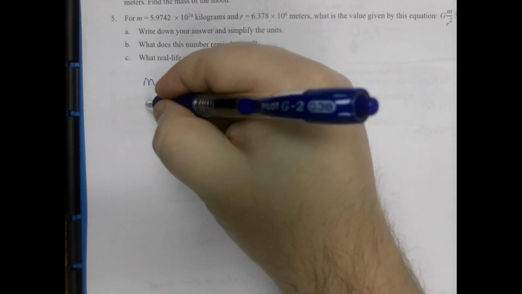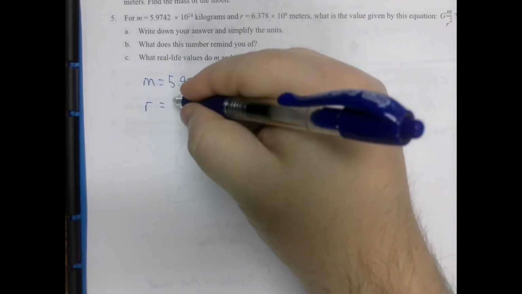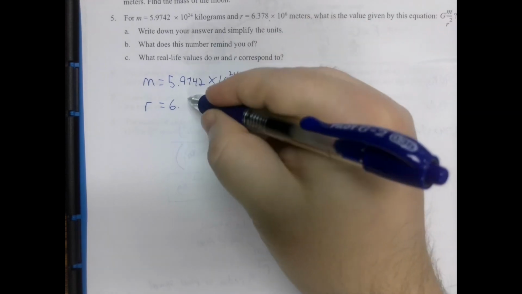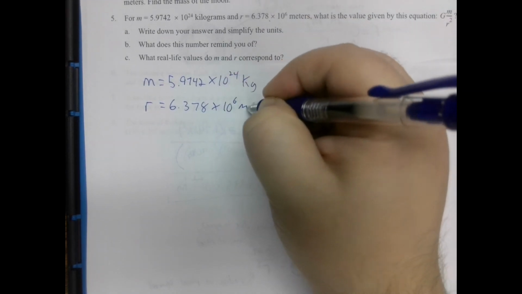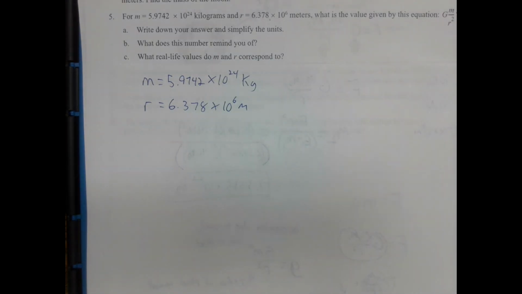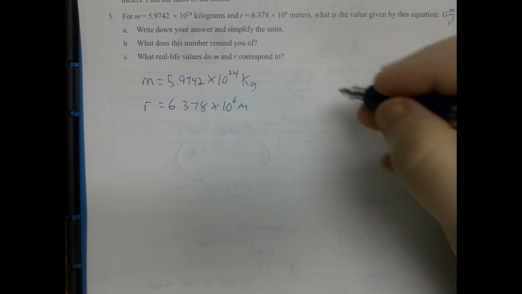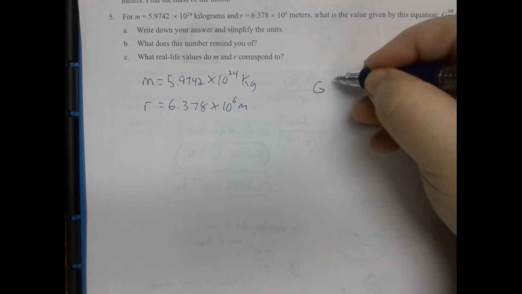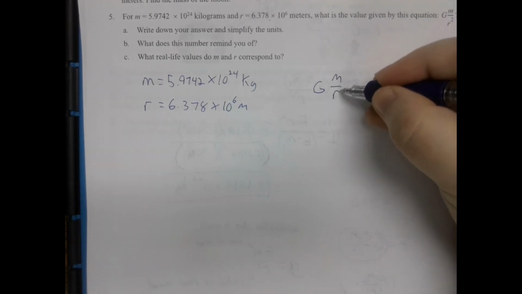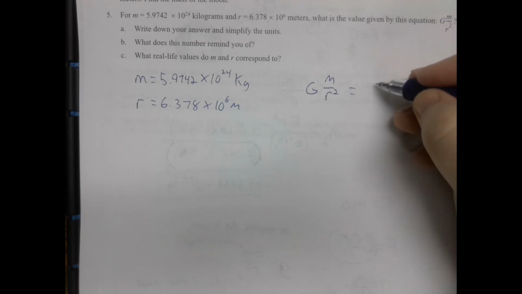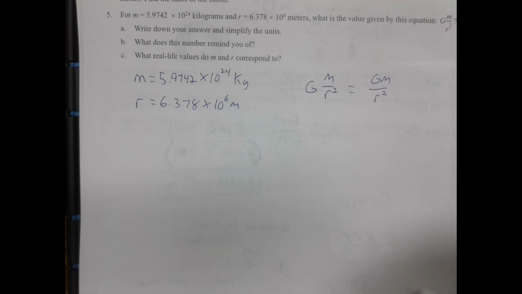The radius of the Earth is equal to 6.378 times 10 to the 6 meters. And if we solve for this, G times m divided by r squared.